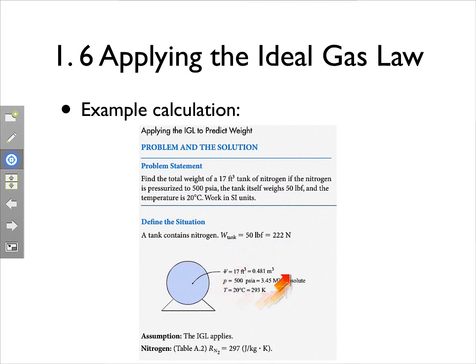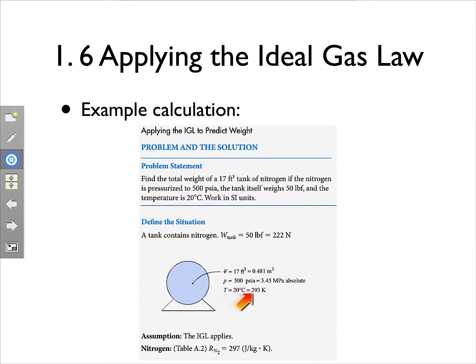We've done a couple of other things down here. We've determined that 17 cubic feet is almost half a cubic meter, and our pressure equals 500 psi. If we convert that into pascals, it turns out to be 3.45 megapascals, or 3.45 times 10 to the 6th.